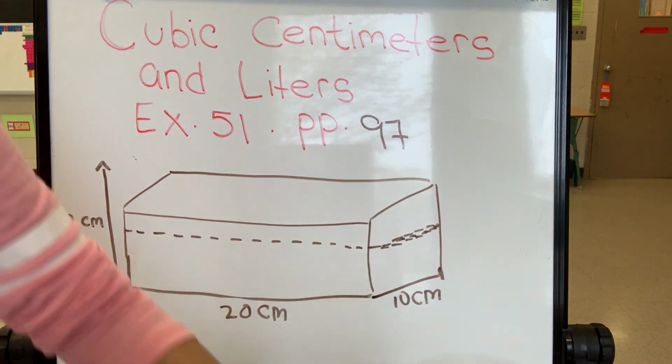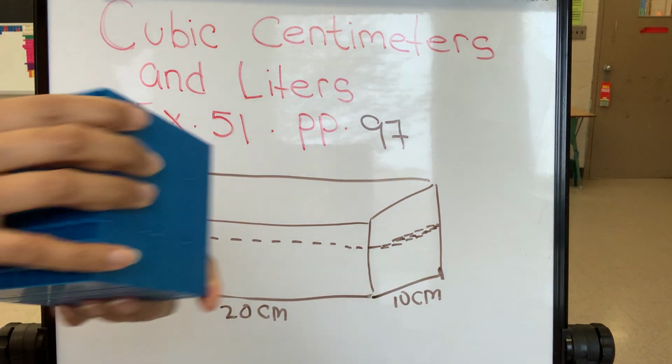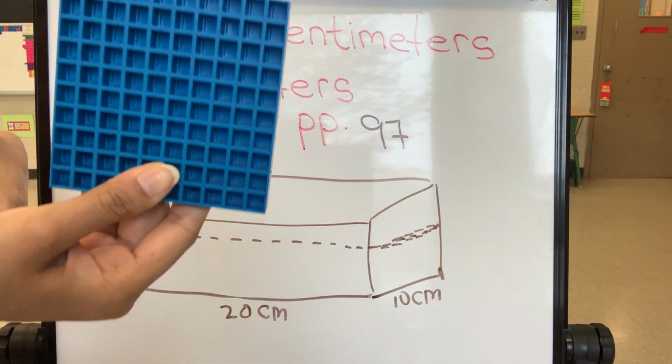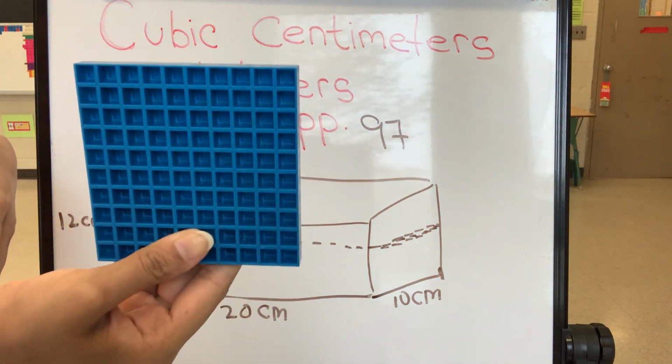So let me put it back down. And if this is 100, right? That means 100 milliliters could go in here.